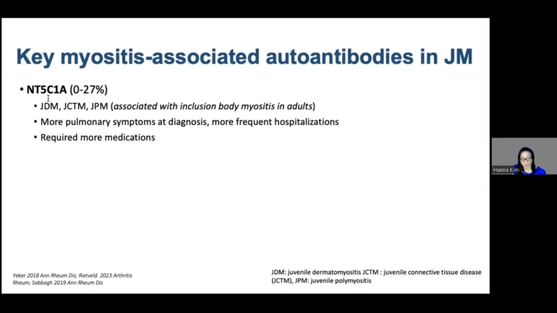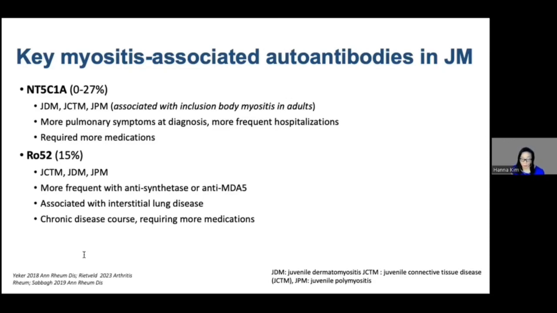But in general, this myositis-associated autoantibody is associated with pulmonary symptoms at diagnosis, more frequent hospitalizations, and more required medications. So in general, a more severe disease course. Next, Ro52, which is present in about 15% of juvenile myositis. It's seen in overlap myositis, juvenile dermatomyositis, and juvenile polymyositis.